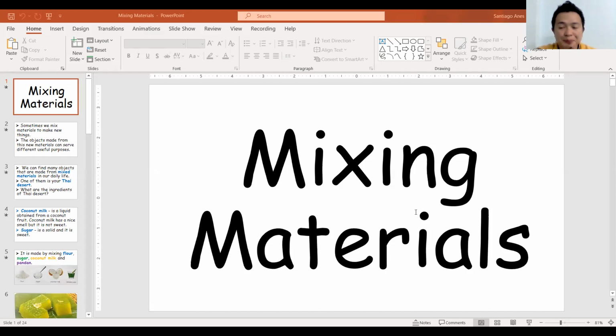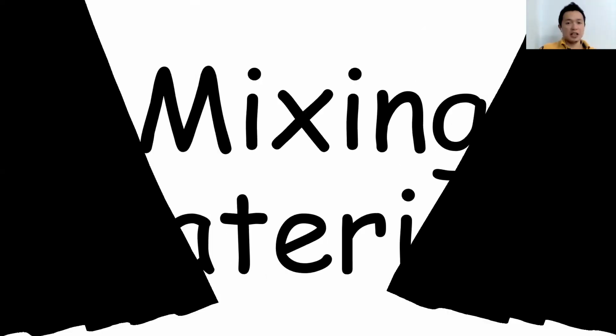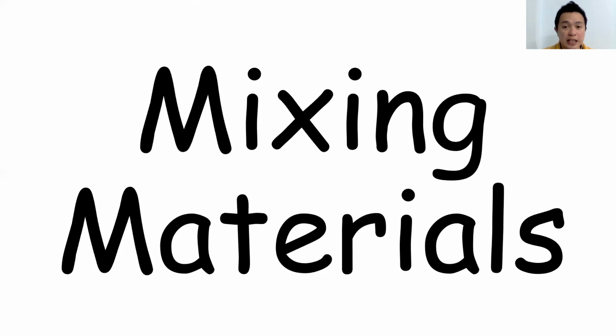And of course, the previous lesson that we learned last time was types of materials, and we learned as well the properties of materials. For example, the properties of wood: the wood is strong and hard, so that is the property of wood. Now let's see the metal. Metal, according to the previous lesson, is stronger and harder than the wood.